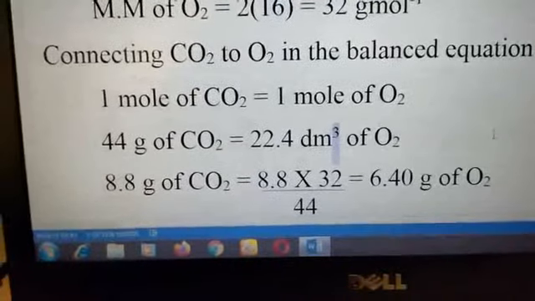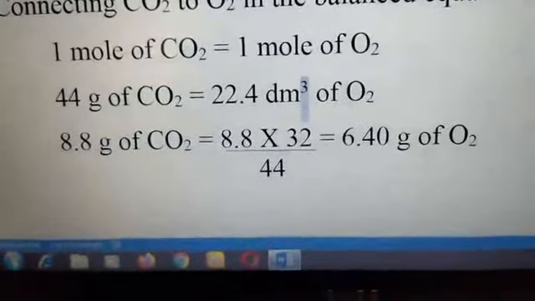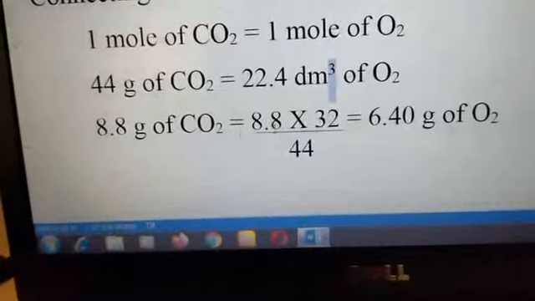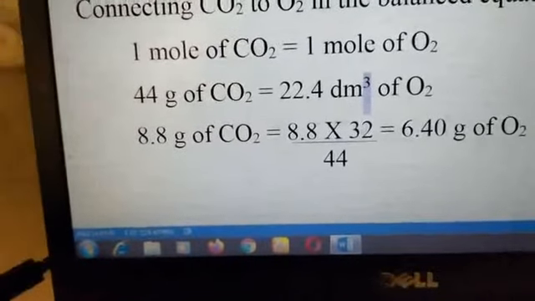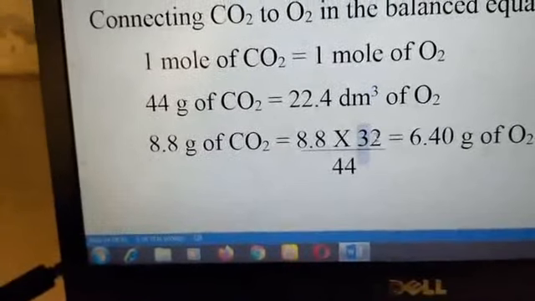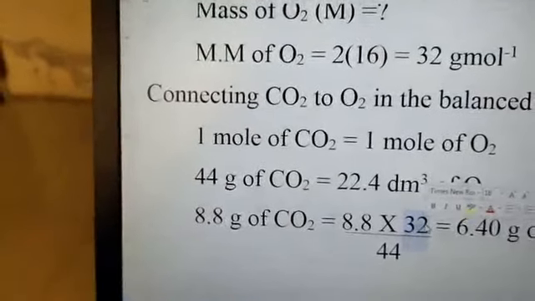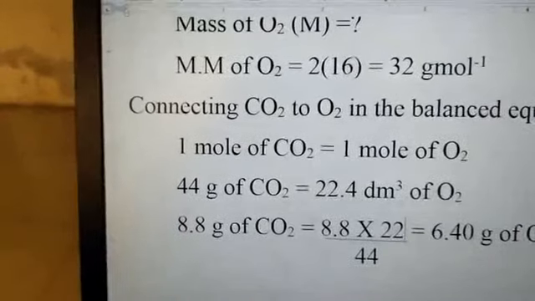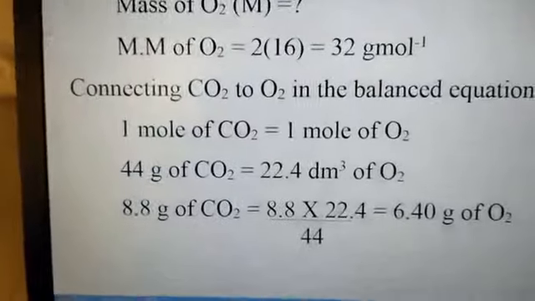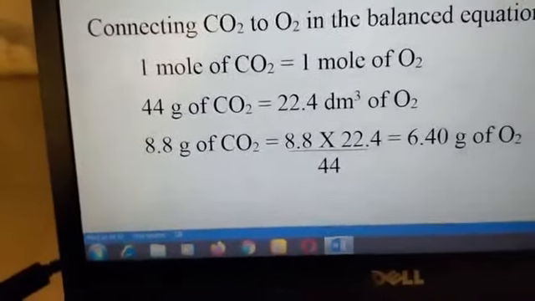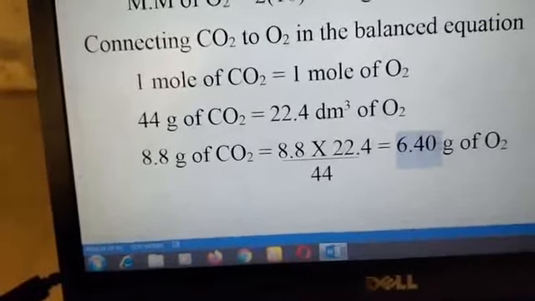Therefore, 8.8 grams of CO2 given to us in the equation will be provided by 8.8 times 22.4 all over 44. So let me make the correction here. So you solve and get your answer.